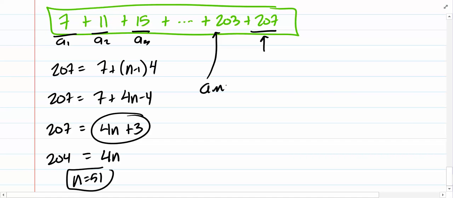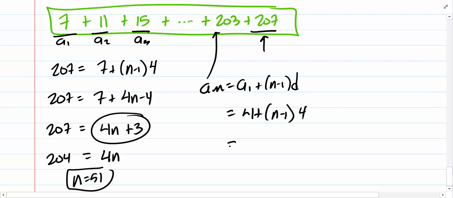The first term is 7 plus n minus 1, and my d is 4. So I get 7 plus 4n minus 4. Oh, shoot, 7, thank you. No one told me the explicit formula, so I'm making sure we get it. So it's just 4n plus 3.